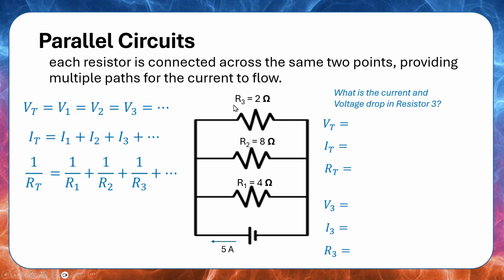So we have the value 5 amperes, which is from the voltage source, so it is our I total. And we have as well the R3, because that's the one that we're gonna focus on. And obviously we have 8 ohms and 4 ohms, but that's for R2 and R1. If you want to solve that, it's up to you. It will take you more time.